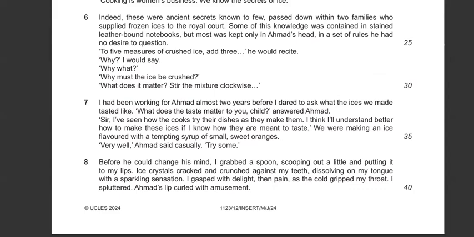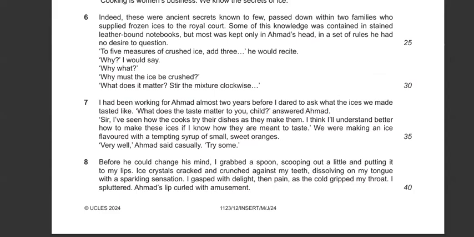The icy crunch, the cold dancing on his tongue. But then pain strikes. The freezing cold seizes his throat and makes him gasp. Ahmed was watching and he was slightly amused.